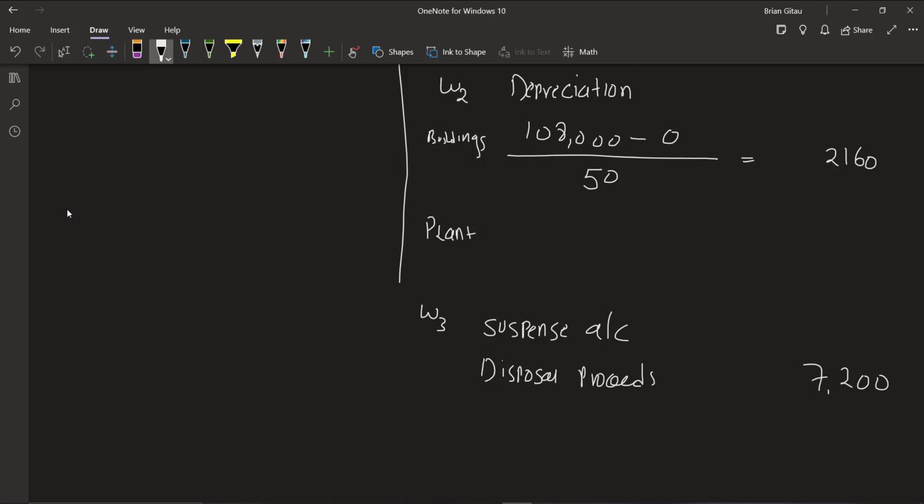What was the cost of the asset that was disposed? Was it 27,000? Let's confirm that.